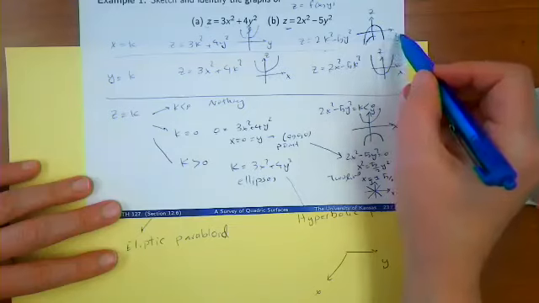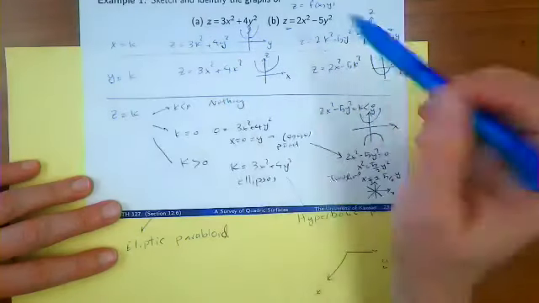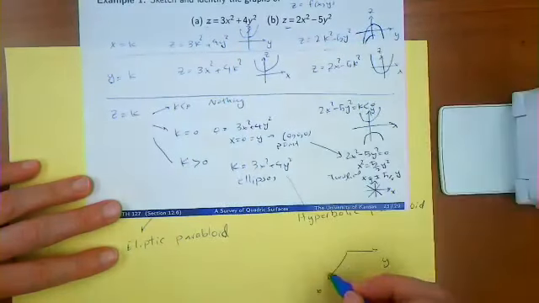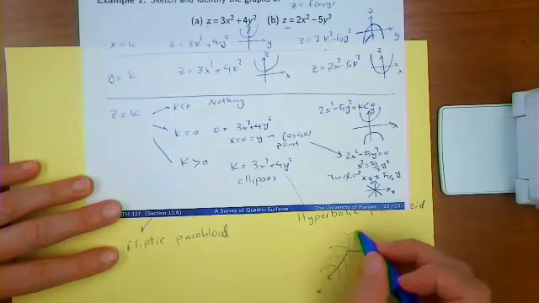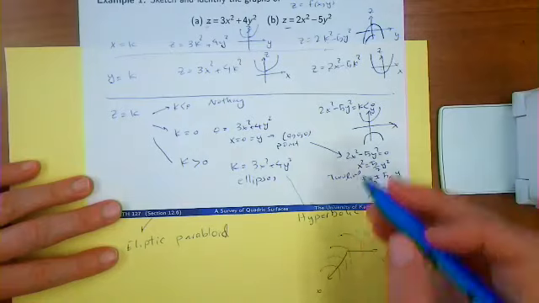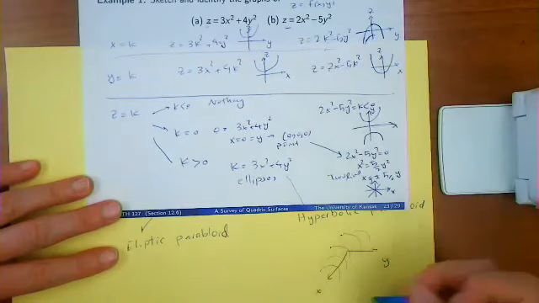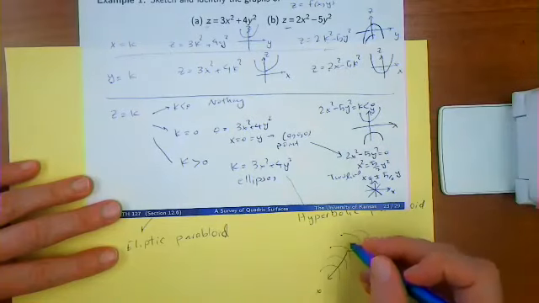In the cross sections when x is equal to a constant, it's looking downward like this. And then when I'm going in the y direction, it looks upward.